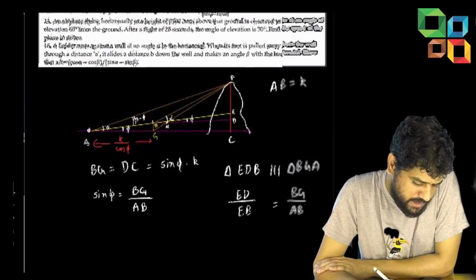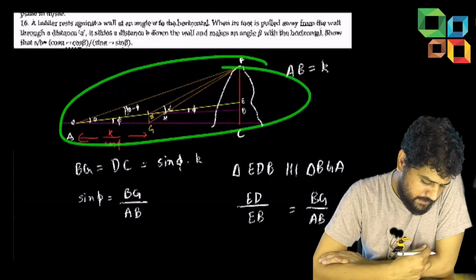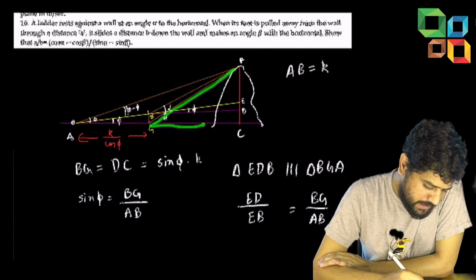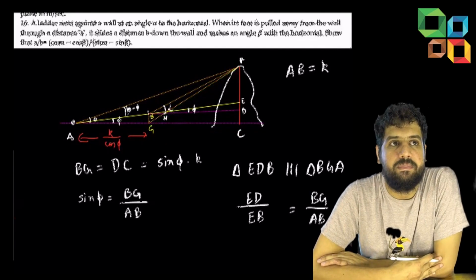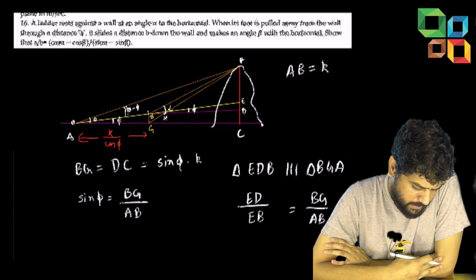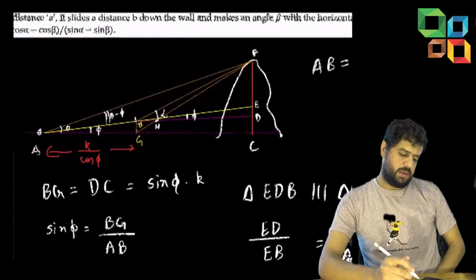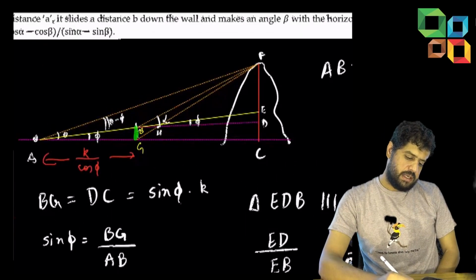Okay, I'll keep this pending. We'll try this in the next class. So basically we need to find this angle. So try and find this angle. Or if there's some other approach you can think of, we have managed to find this height.